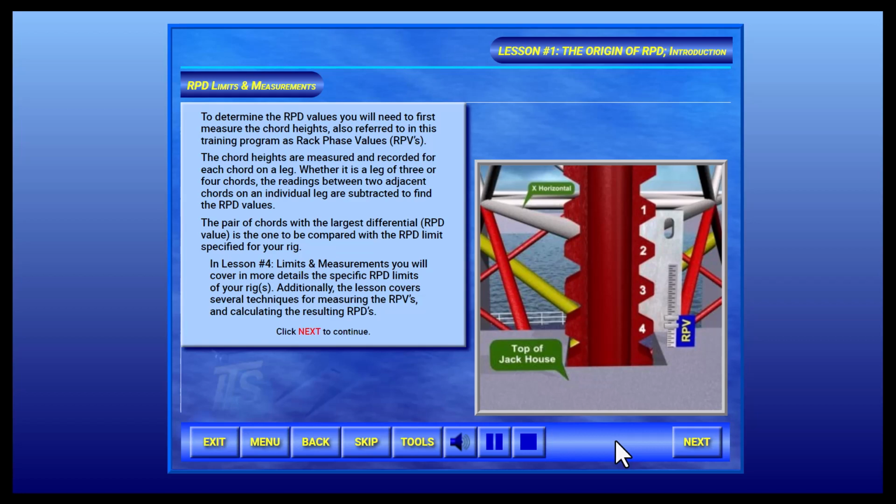The pair of cords with the largest differential is the one to be compared with the RPD limit specified for your rig. In lesson number 4, Limits and Measurements, you will cover in more detail the specific RPD limits of your rig or rigs. Additionally, the lesson covers several techniques for measuring the RPVs and calculating the resulting RPDs.